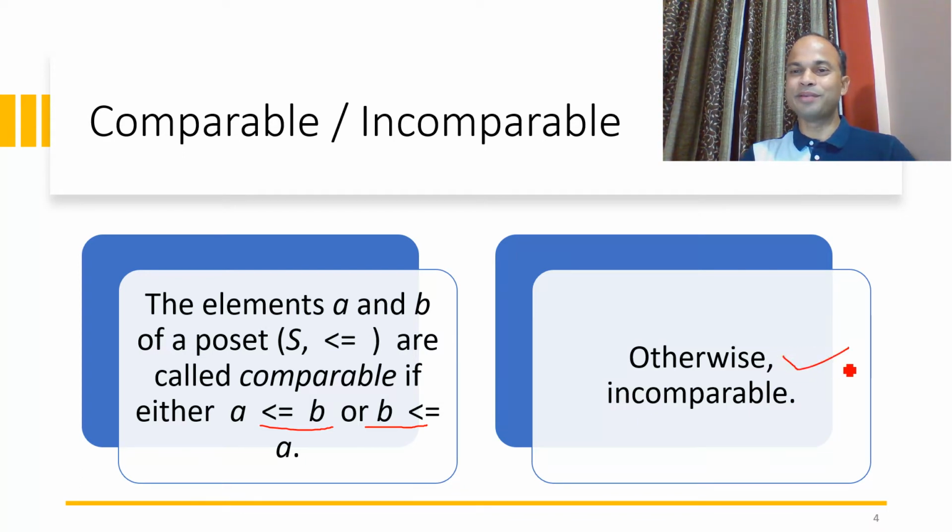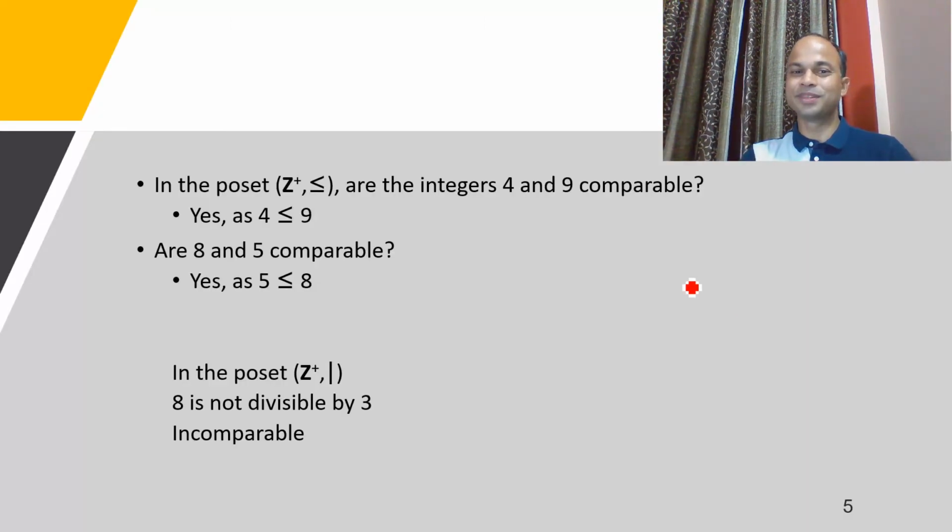So what are comparable, what are incomparable, we are understanding with the help of an example. What is the example now? Say we have here set of integers and our relation is less than equals to. So we are demonstrating here whether two elements are comparable or incomparable with respect to this relation and set.